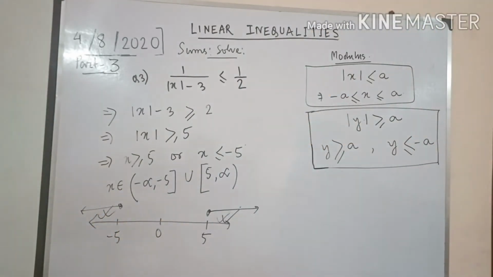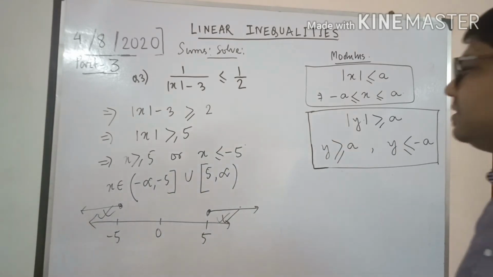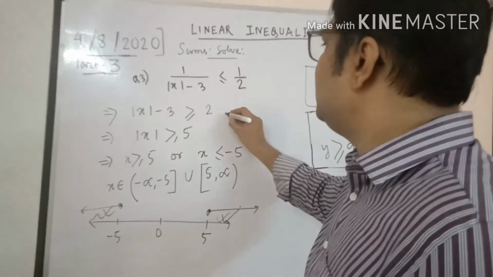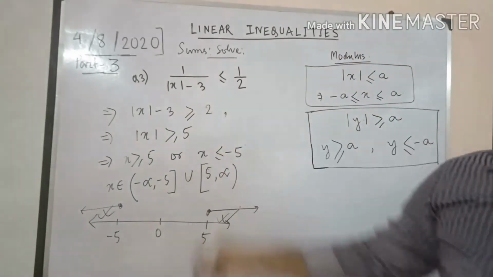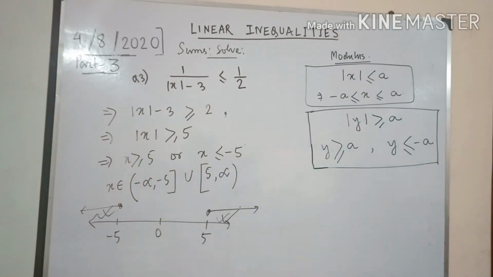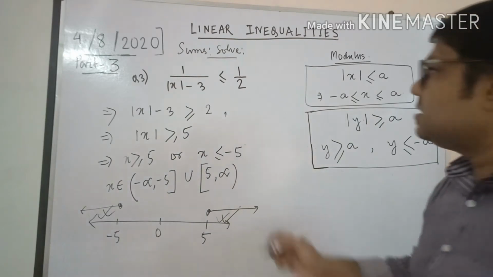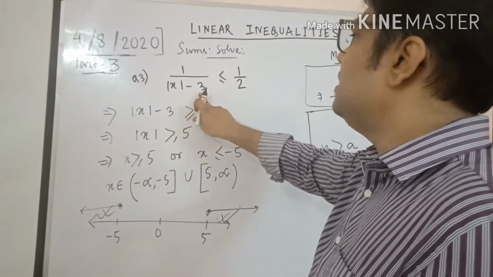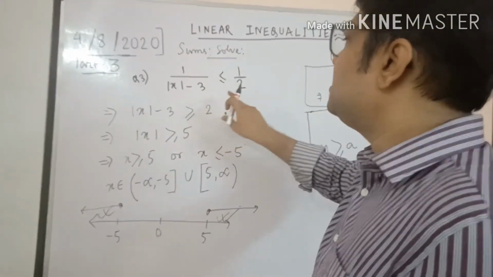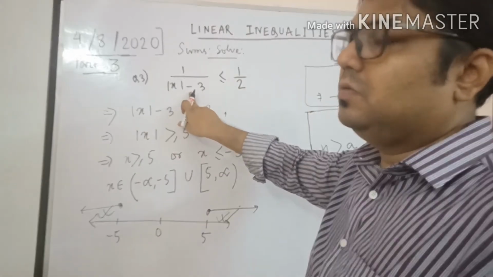Now another thing is also there. As of this situation, you must understand, look at the denominator. The denominator is something like mod x minus 3. So from the fraction perspective, it could be negative also.